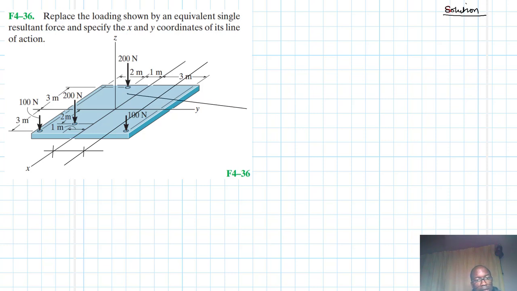Again, this is just an assumption. This will be corrected as we find the correct solution. All right. There we go. Let's clean it up.